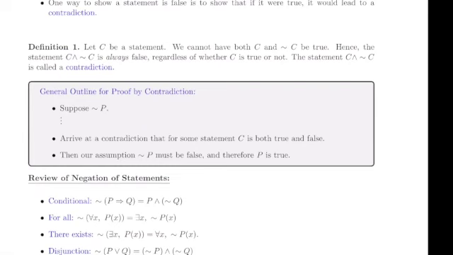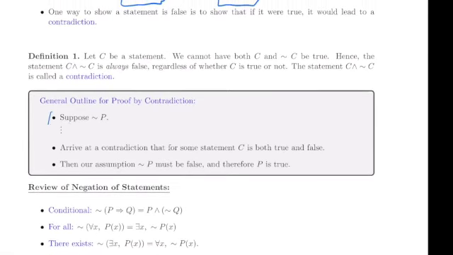So when we're doing proof by contradiction, our first step is going to be, let's suppose the negation of the statement that we're trying to prove is true. And then show that if we assume the negation is true, that's going to get some contradiction. Therefore, our original assumption that the negation is true must be wrong. That statement is false.